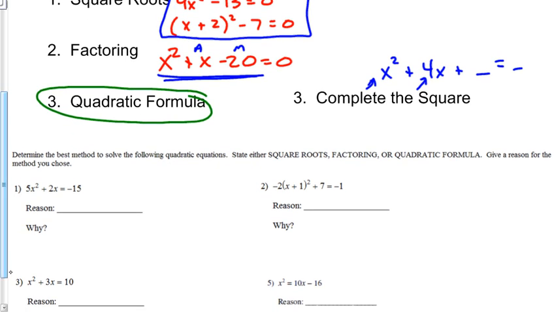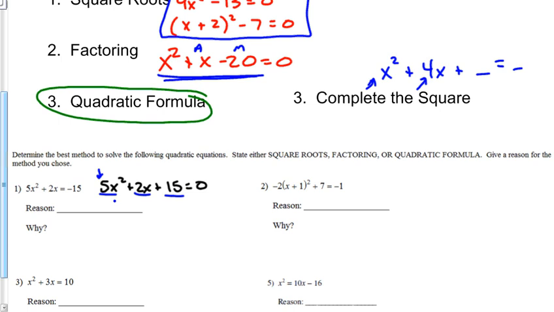So this one, right away, you know, they have to be in standard form. So let's switch this one, adding 15 to both sides. And there's a few things that I notice about this problem. The 5 in front of the x squared makes it difficult to factor. There's also the fact that 5 does not go into all three of those coefficients, so that makes it even tougher to factor.